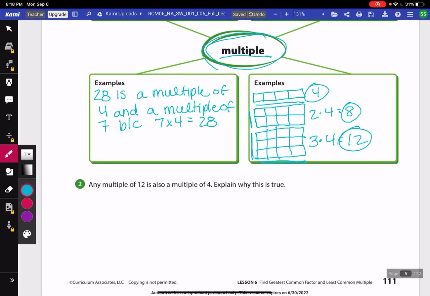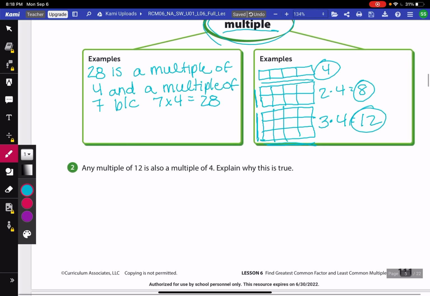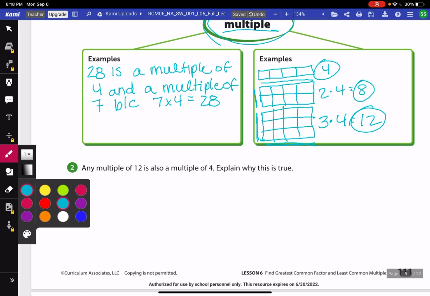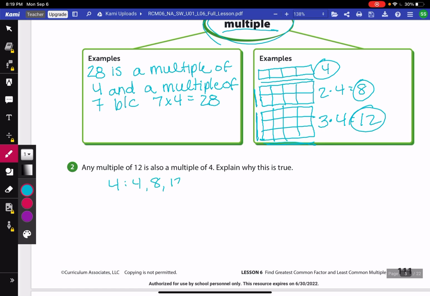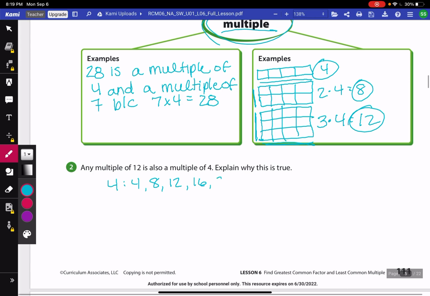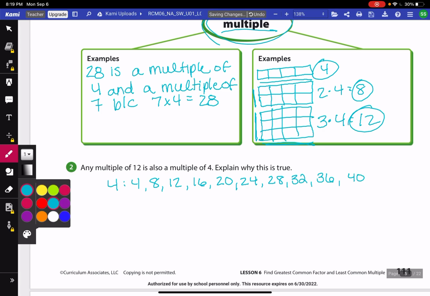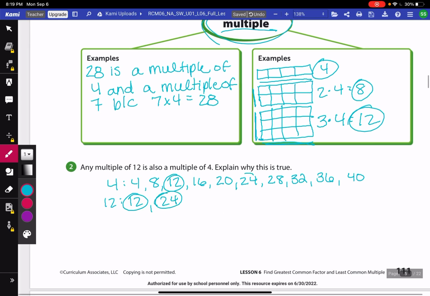So let's list out multiples of 4. We have 4, 8, 12, 16, 20, 24, 28, 32, 36, 40. All right, what about multiples of 12? We have 12. Well, there's 1. What about 24? Yep.